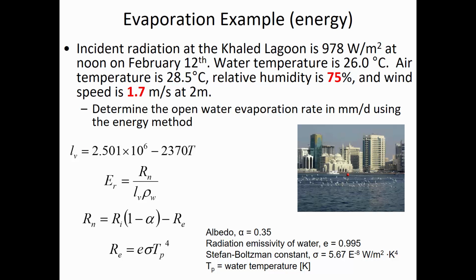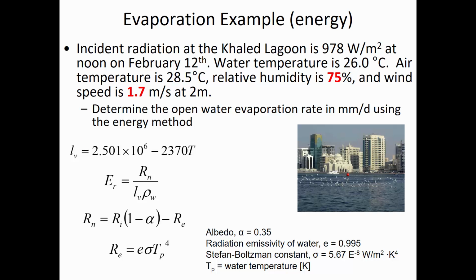So there's the non-reflected incoming radiation minus the outgoing radiation, 451.8 watts per meter squared. So the net radiation that's left over is 183.9 watts per meter squared. So that's the energy that we can use to drive evaporation.